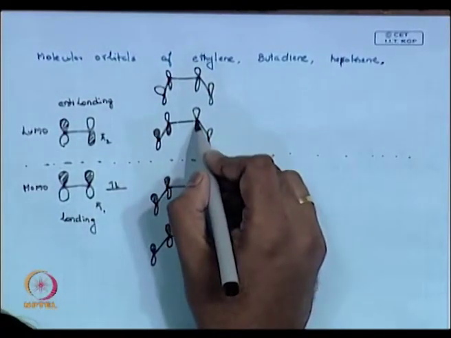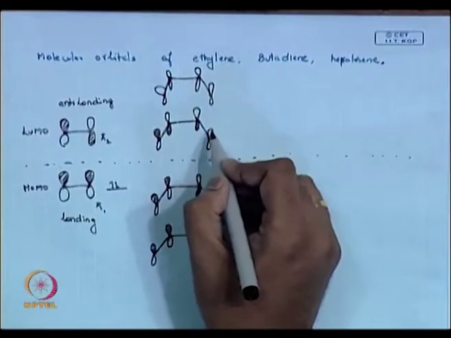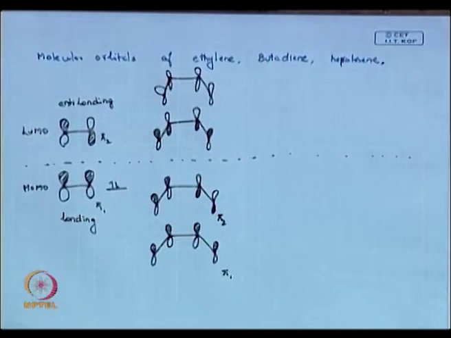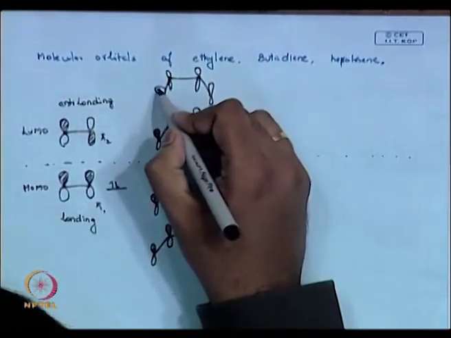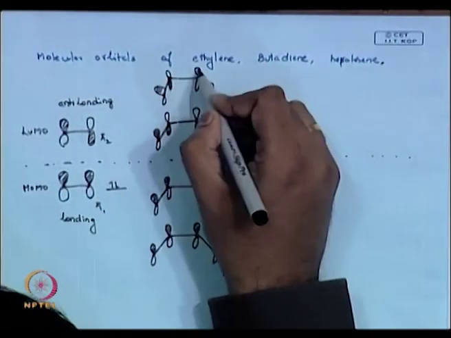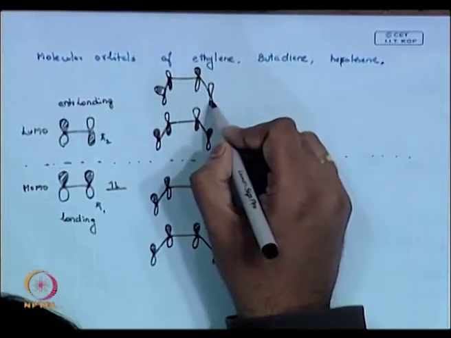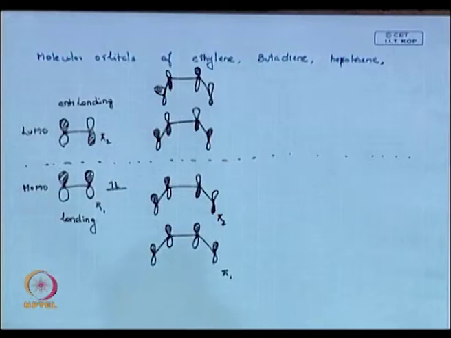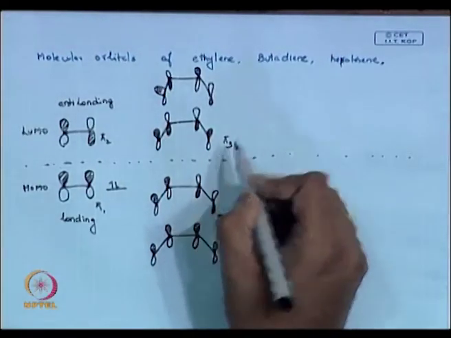Then you can take this phase and combine it up. One, another, this will be always, right, your pi 3 and pi 4.